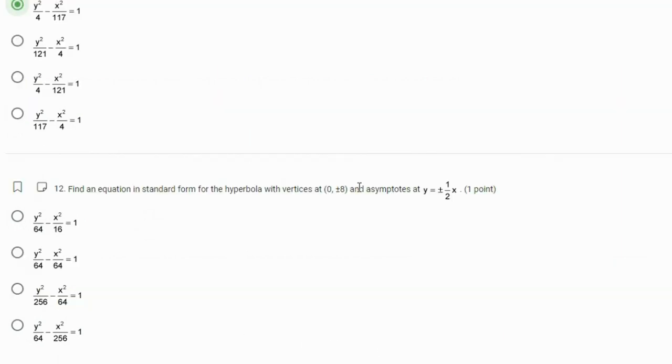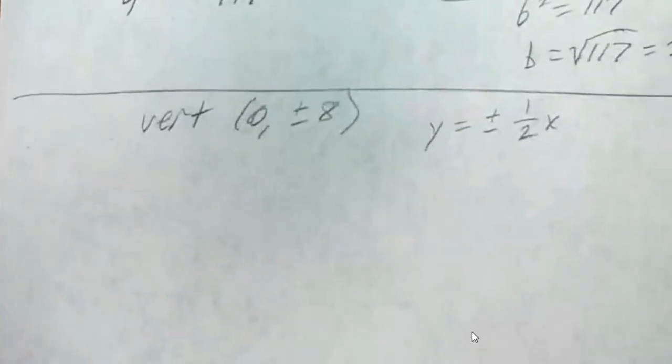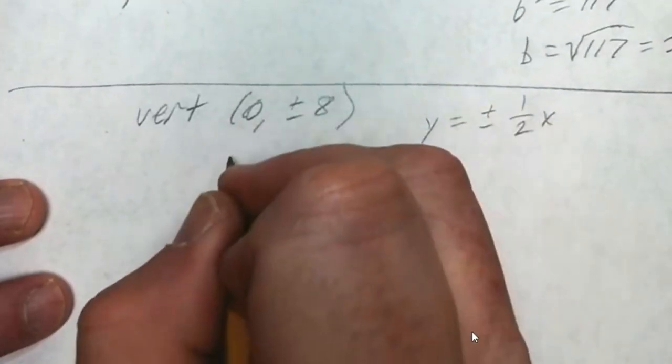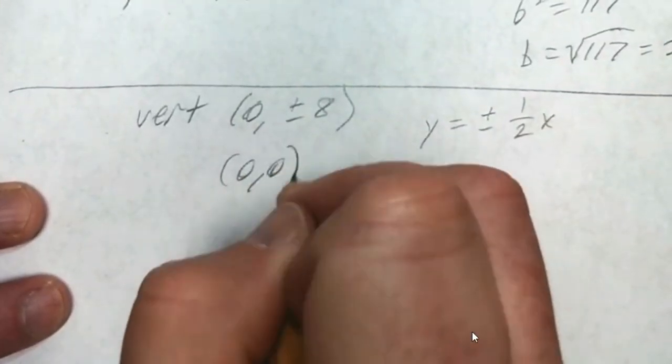This one gave us the vertices of 0, plus or minus 8, and gave us the asymptotes: y equals plus or minus 1/2 x. I love it. Okay, so the vertices tell us that our center is at 0, 0.